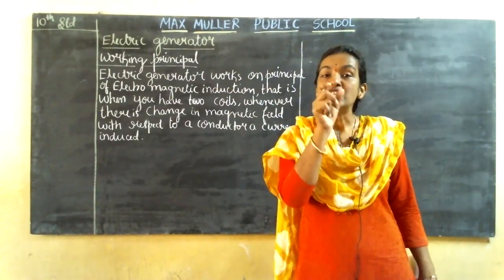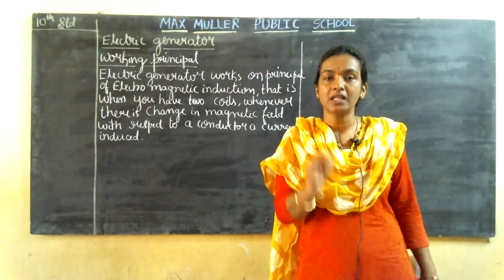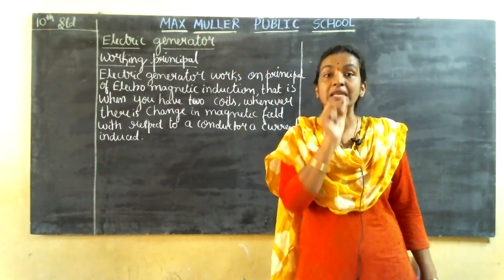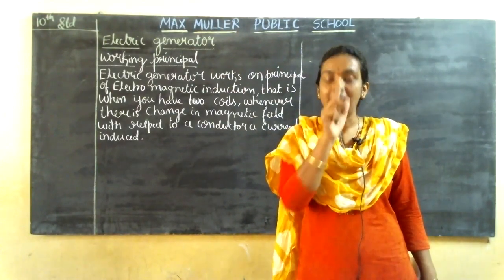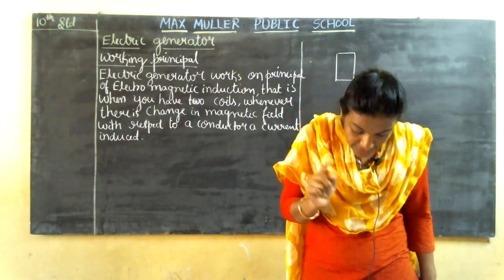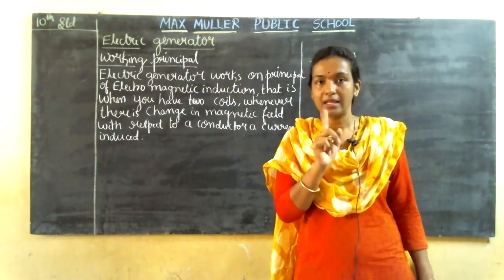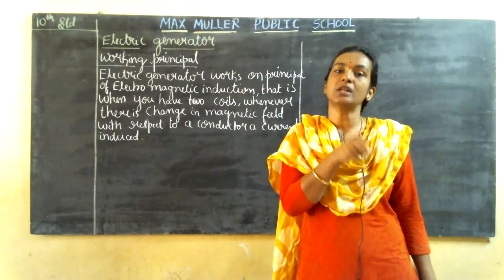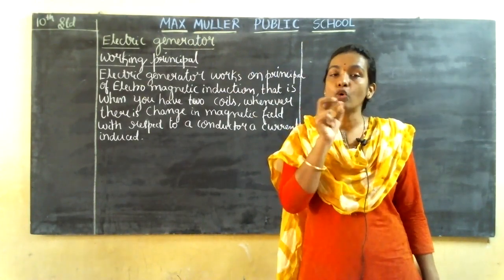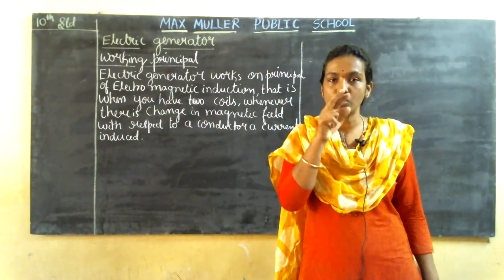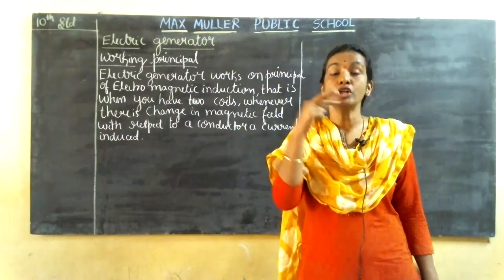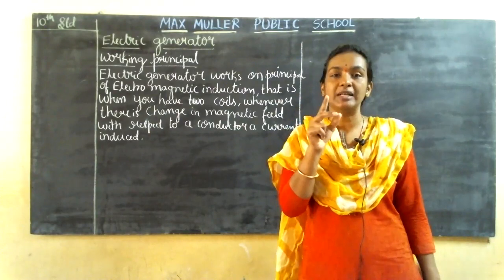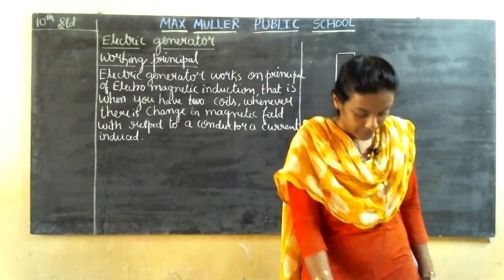Here you have complete rings, not split rings. Clear my point? The only difference is that in the DC motor you have split rings, while here you have two rings that are not split.